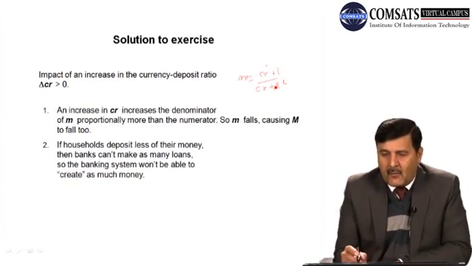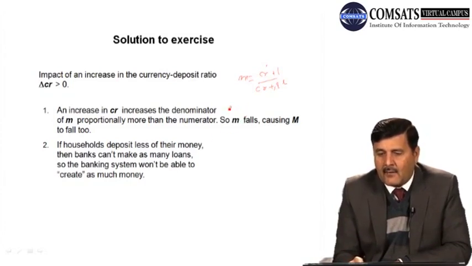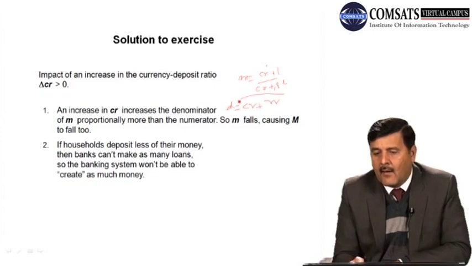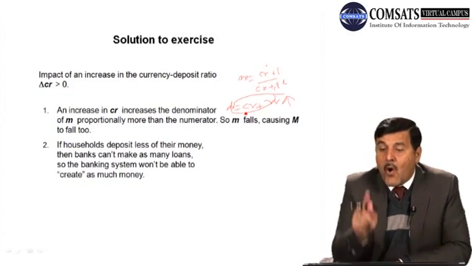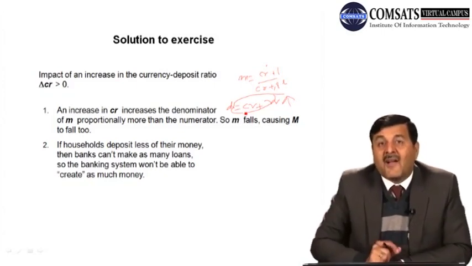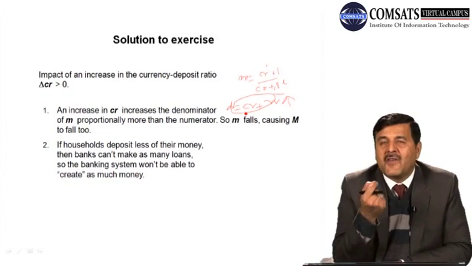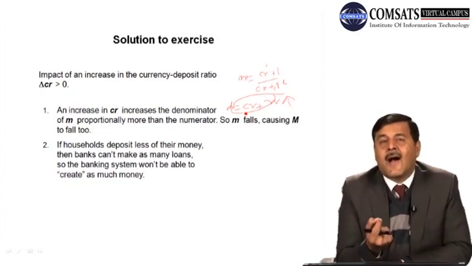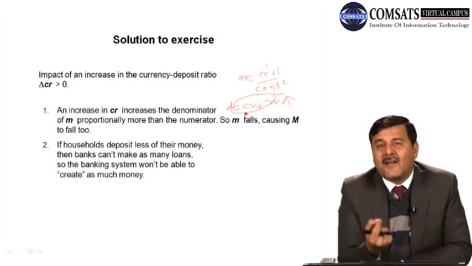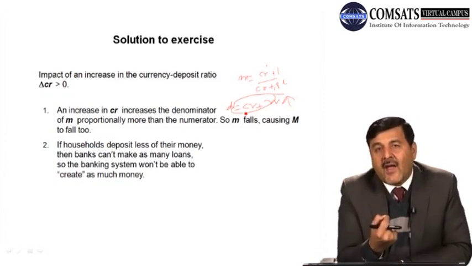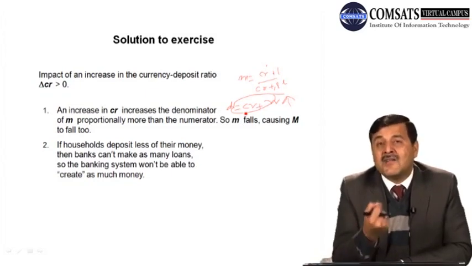So the increase in the denominator, the denominator is equal to CR plus RR. The increase in it will be more than in the numerator, which will also increase because CR has increased. So we said that if there is an increase in CR, which is the currency deposit ratio, what will happen to small m, the money supply multiplier?